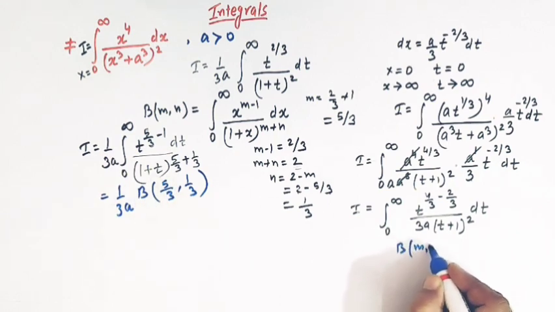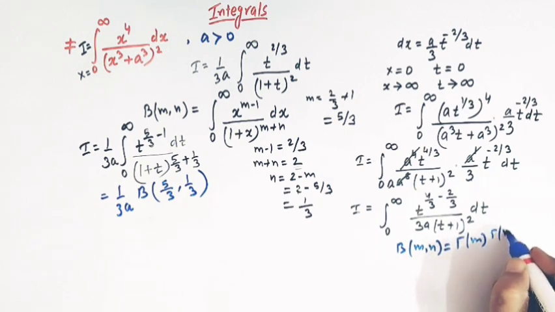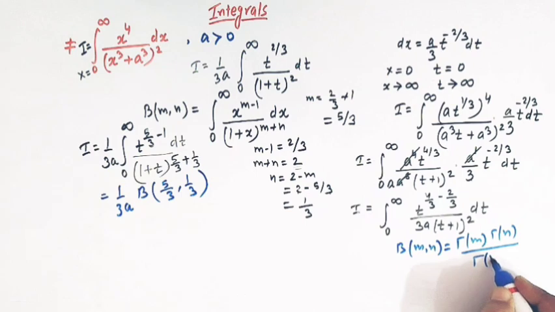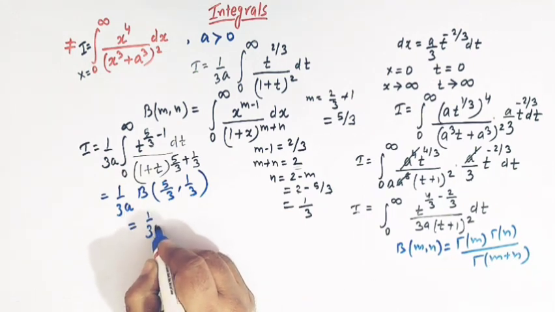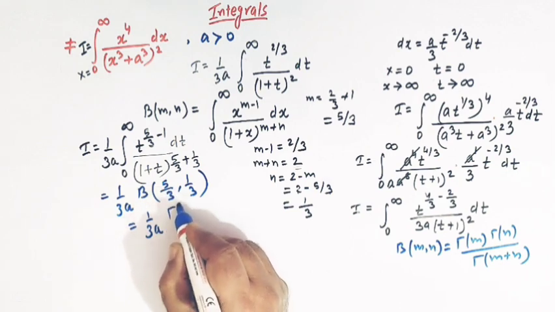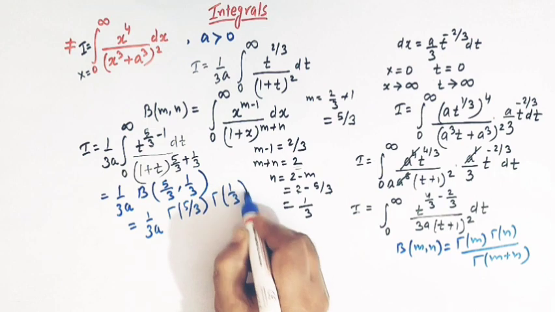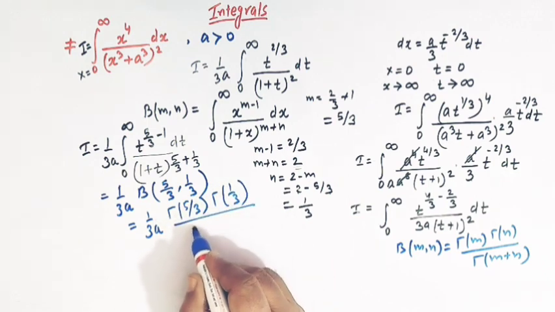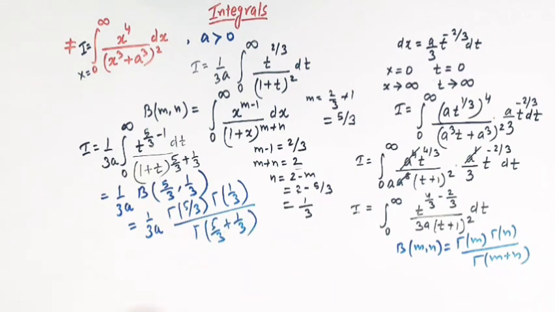So beta mn is equal to gamma of m, gamma of n divided by gamma of m plus n, right? So here we have 1 over 3a, and we have gamma of 5 by 3, gamma of 1 over 3, and then we have gamma of 5 by 3 plus 1 over 3, right?